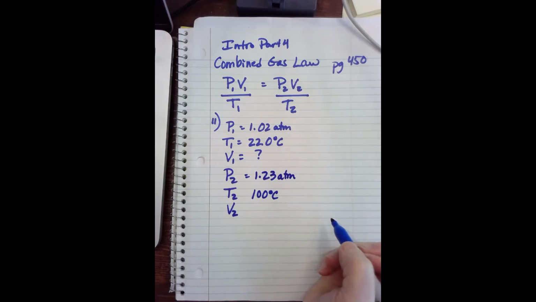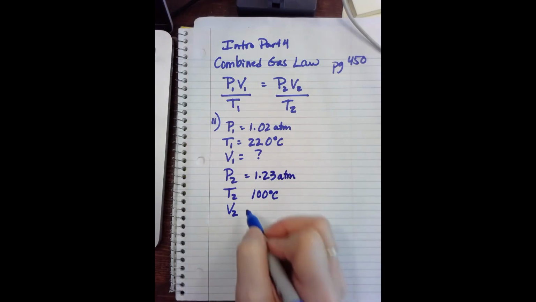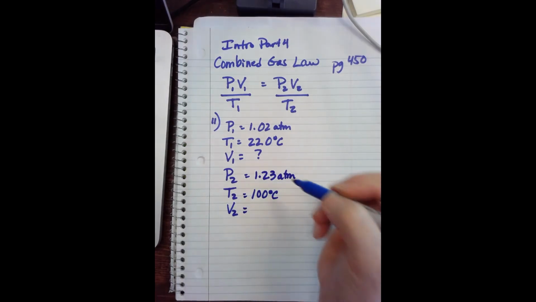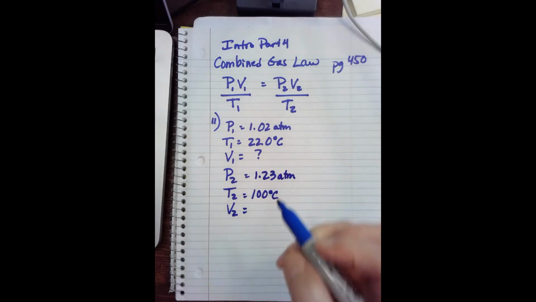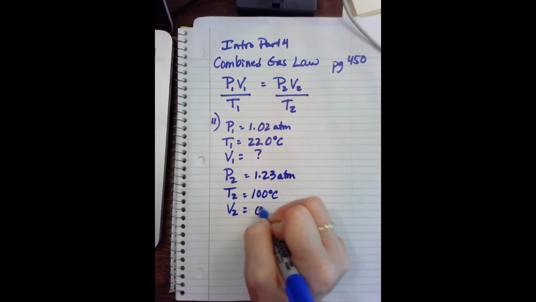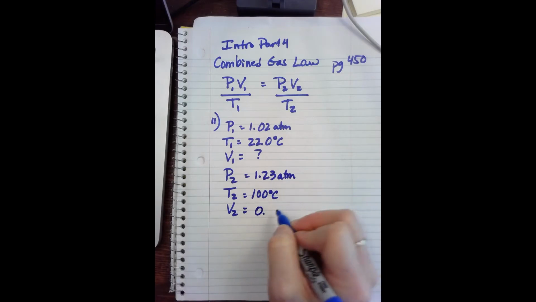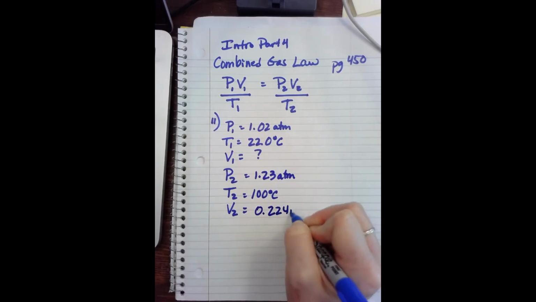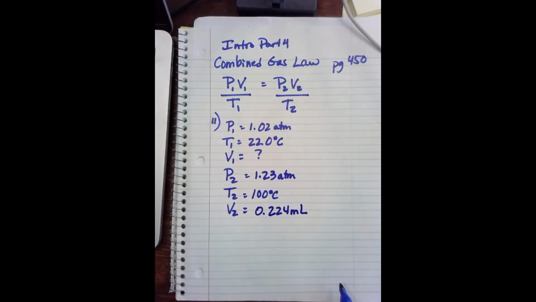And it says it reduces the volume. So the pressure went up and the temperature went up. So the temperature should make the volume increase. But the pressure also went up, so that makes a change. So it's telling us that the volume reduced, so the volume went down to 224 milliliters.